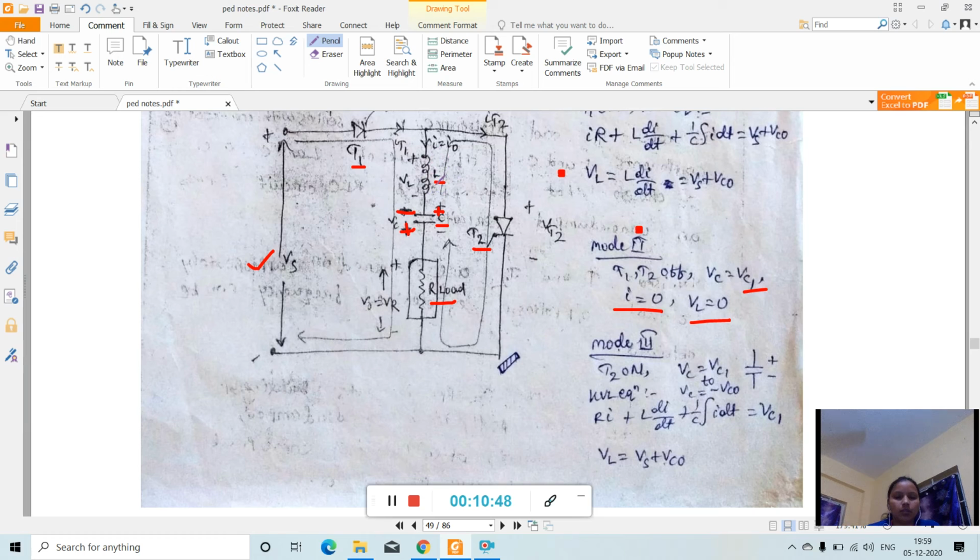Due to the stored charges across L and C, the voltage stored across this inductor and capacitor now acts as an energy source, and current will flow like this. This is the current flowing path.